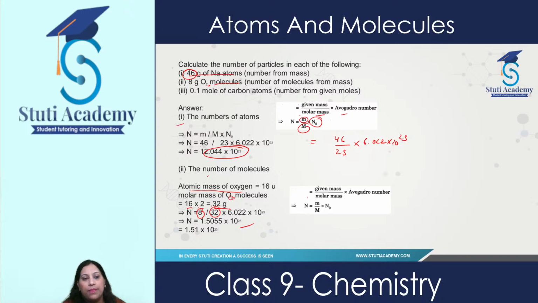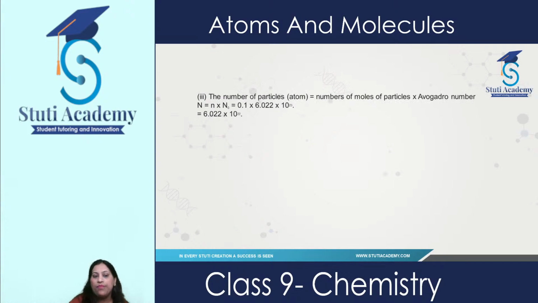and we'll get this answer. The next is 0.1 mole of carbon atoms. Number from given moles. So number of particles is equal to number of moles of particles multiplied by Avogadro's number. So we'll use this formula.